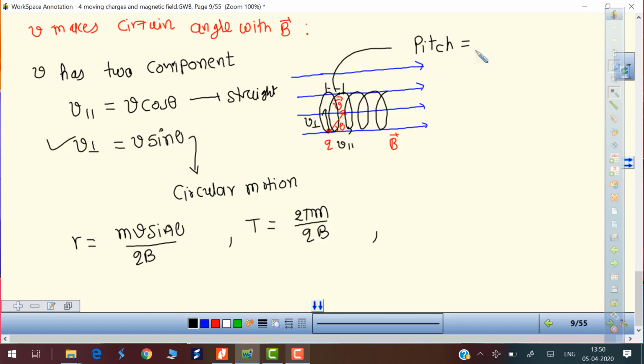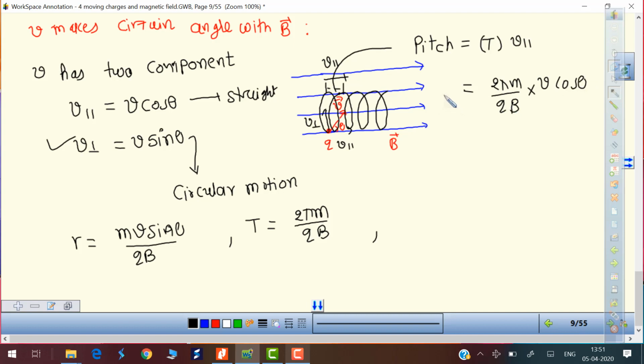So how much time does it take? The periodic time T, into the velocity in this direction. The velocity in this direction is v parallel. So what is our pitch? It is 2 pi m upon q B into v parallel, which is v cos theta.